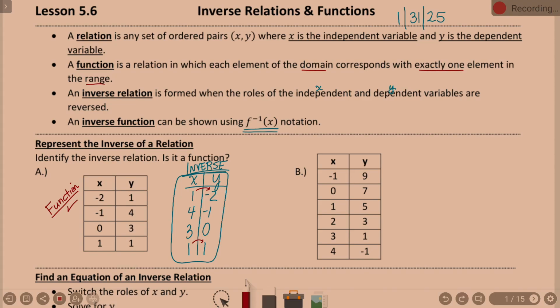Does each element of the domain correspond with exactly one element of the range? No, because this particular x value of 1 corresponds with 2 different y values. So when you have an x value that corresponds with 2 different y values, this is not a function. So is the inverse a function? It is not a function.